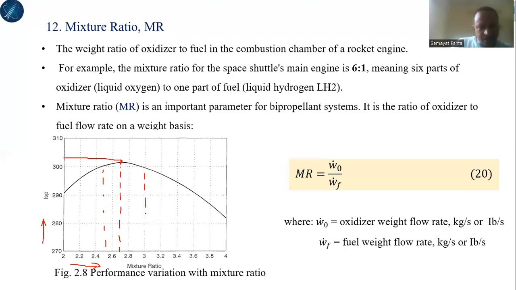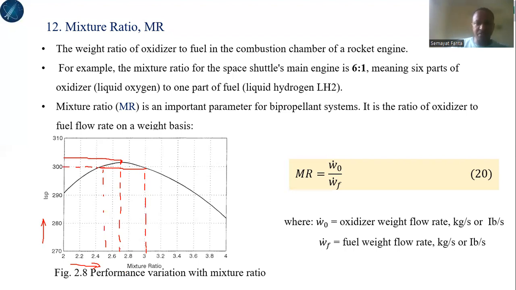So we get two kinds of values in this region. For example, if we choose this 300 Isp, we get two values, one here and one here. So this is the kind of graph with which we can select which mixture ratio gives us an appropriate or optimum value.